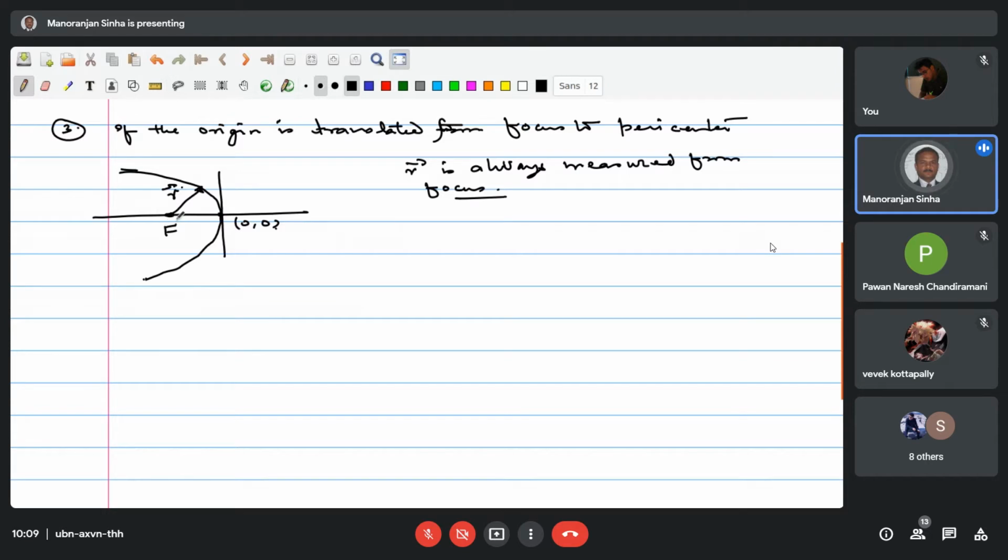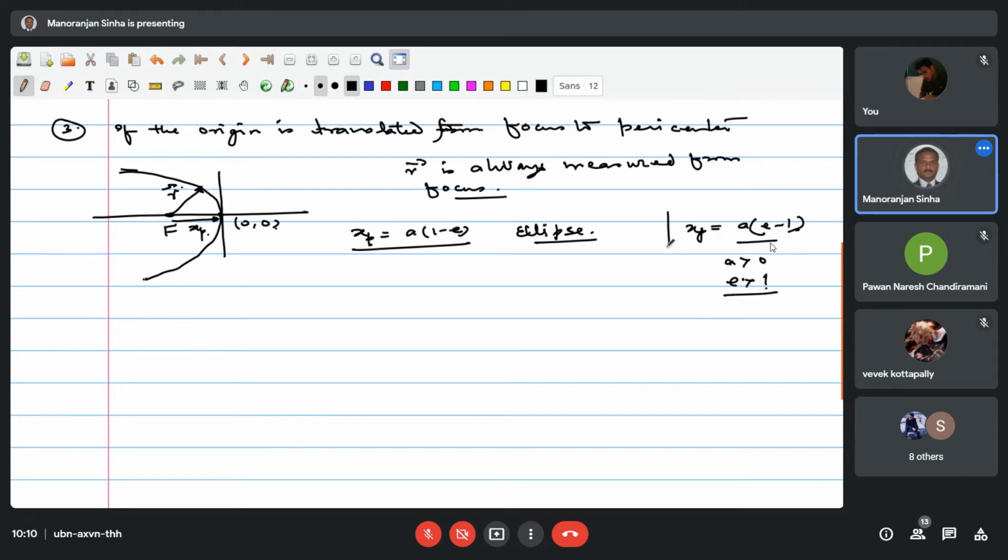So here in this case, this distance is x perigee, and x perigee is a times 1 minus e in the case of ellipse. In the case of hyperbola, the perigee position is given by a times 2 minus e, where a is taken as positive and e is greater than 1.